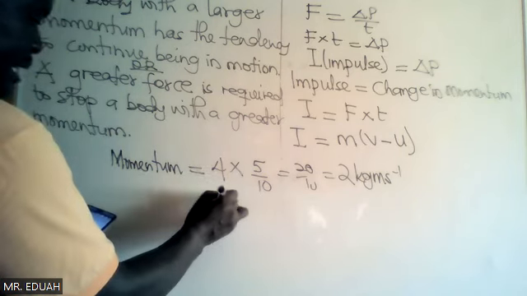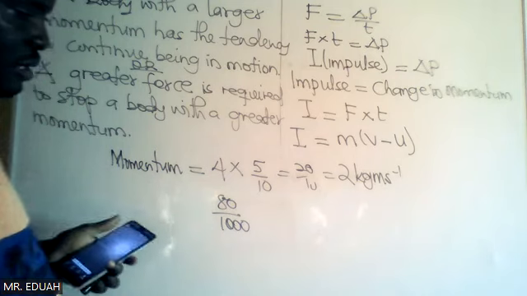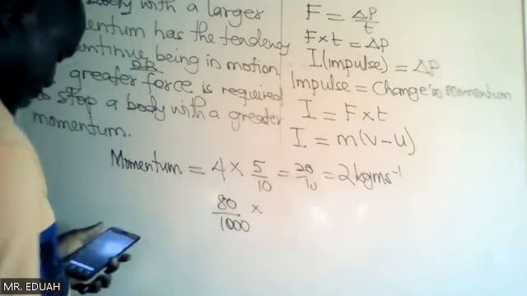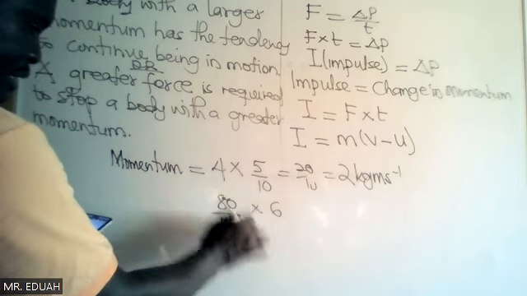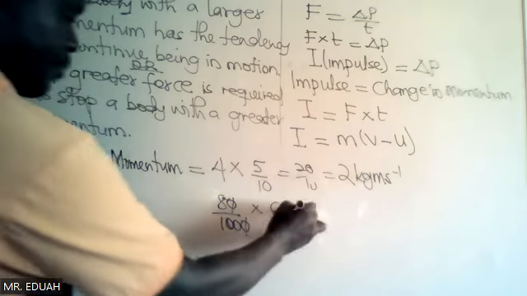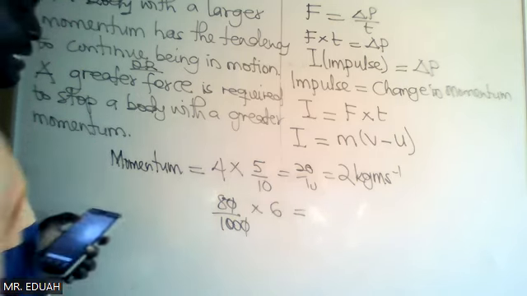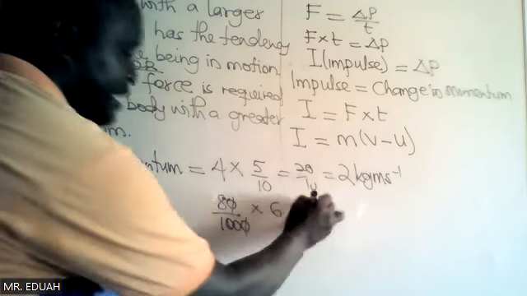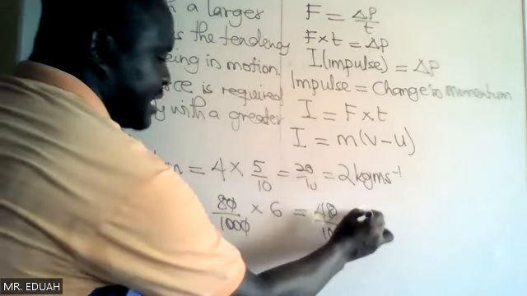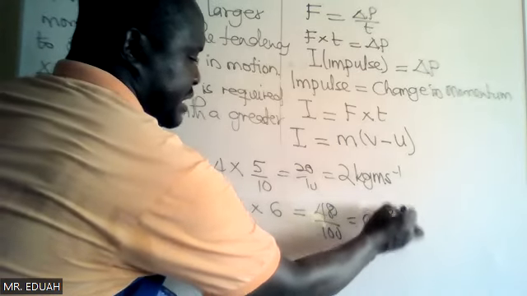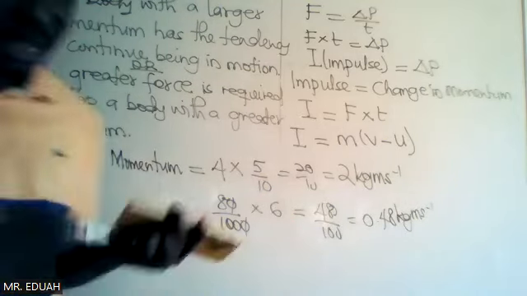So 80 divided by 1,000 in kilogram times a velocity of 6. So we have 8 times 6, and that is 48. 48 divided by 100, which is 0.48 kilogram meter per second.